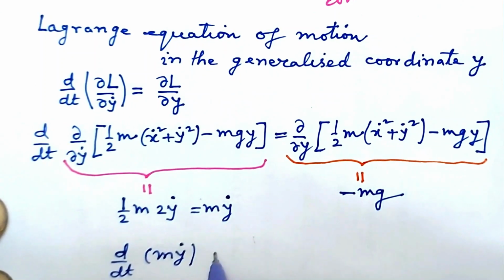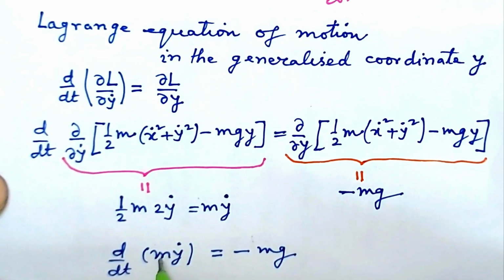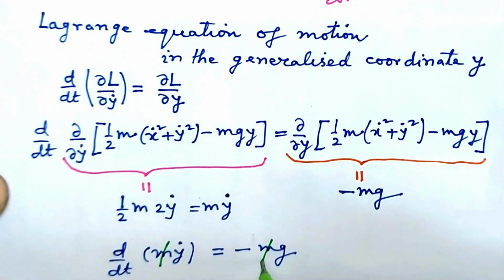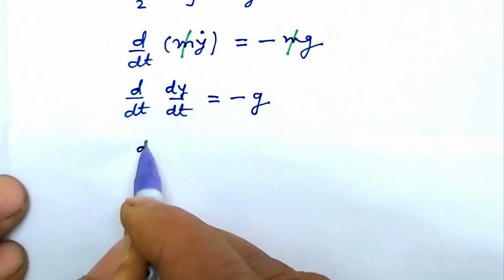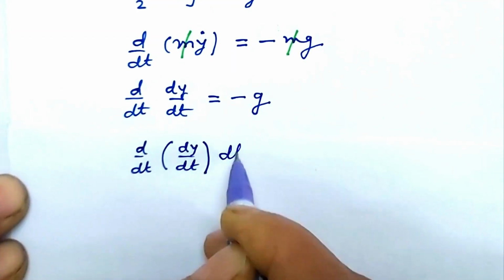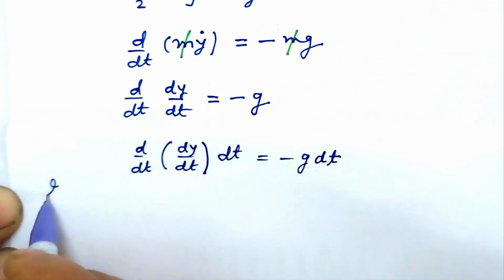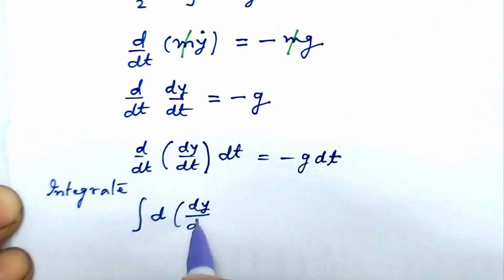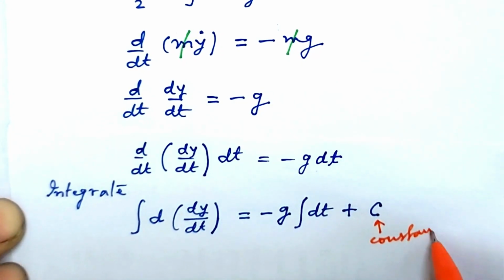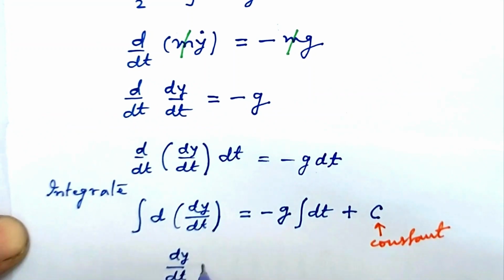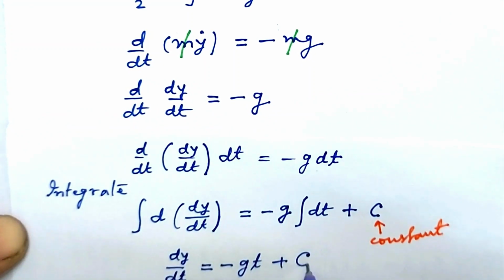So we have m cancels out as it is a constant. This is what we get. Multiply both sides by dt. Integrate to get, here c is a constant of integration, dy/dt equal to minus gt plus c.